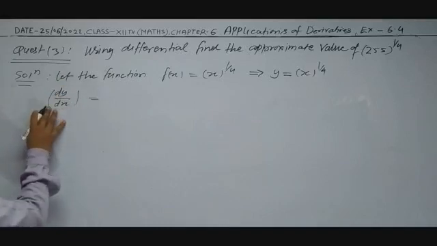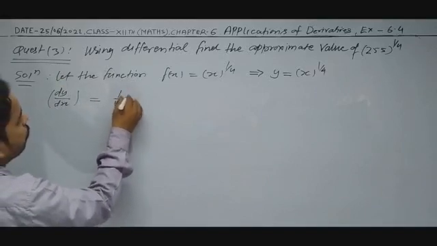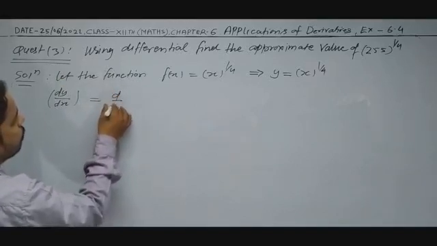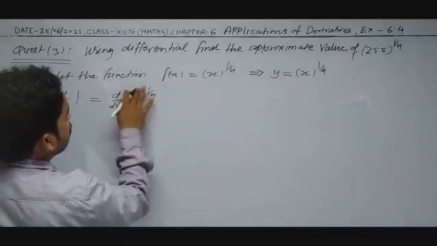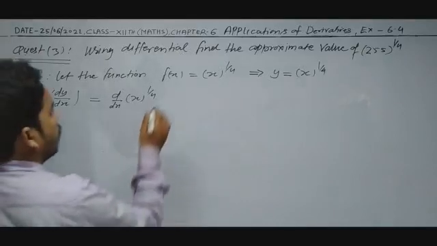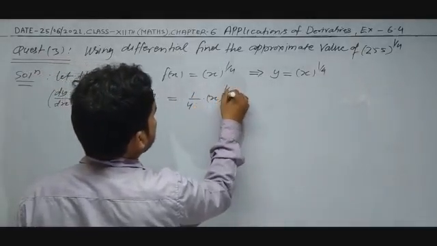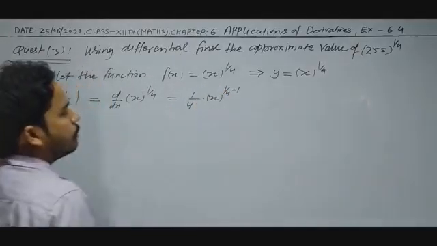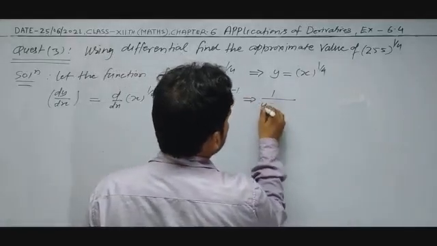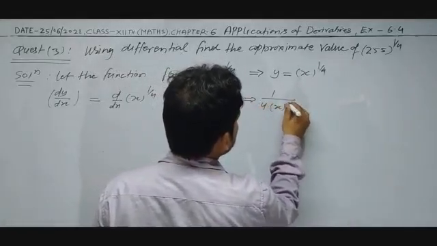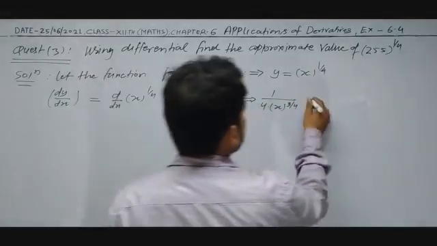The differentiation result will be d by dx of x to the power 1/4, which is 1/4 into x to the power 1/4 minus 1. This result will be minus 3/4. So 1/4 times x to the power 3/4. This is the differentiation. Consider equation 1.